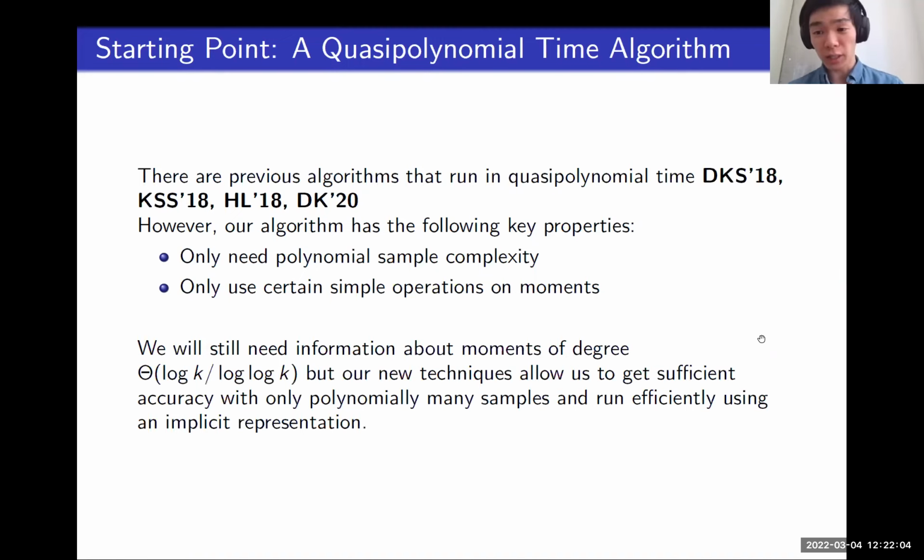We cannot actually get around this barrier of needing to go out to log k order moments. However, our new techniques will allow us to get, first, sufficient accuracy with only polynomially many samples, and second, an algorithm that is amenable to running efficiently using implicit representations.